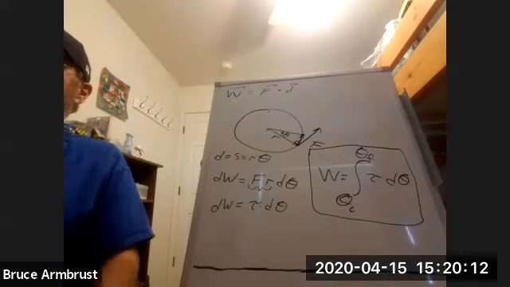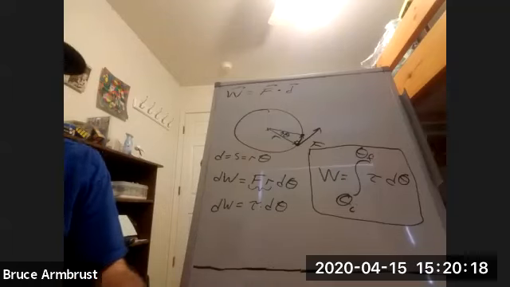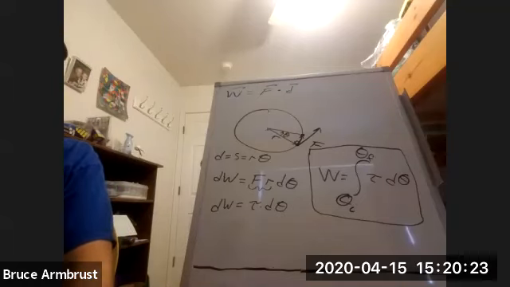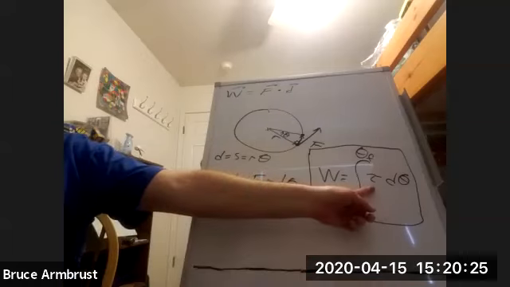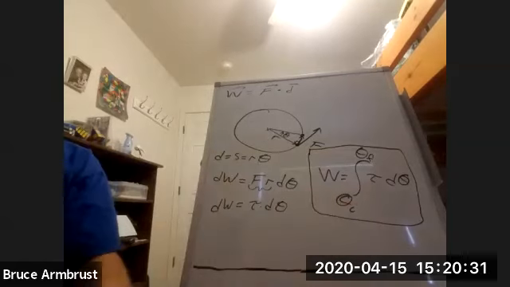So that's how we're going to actually calculate the work if we have a non-constant torque. If it's constant torque, this is easy, because you can pull the torque out, and we have the integral of d theta from initial to final, and it's just the change in theta.